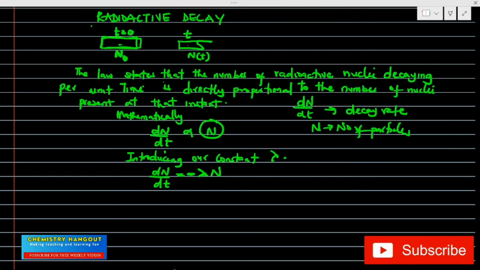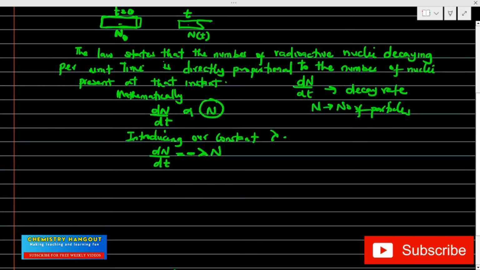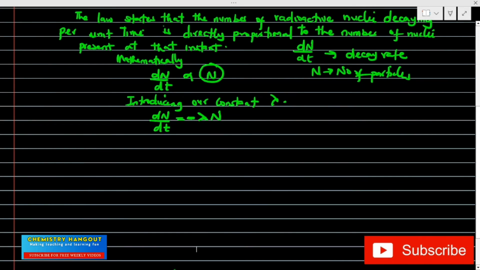So from here, I have dN over dt is equal to minus lambda N. Rearranging this, I want to bring dt to this place, then N to this place.